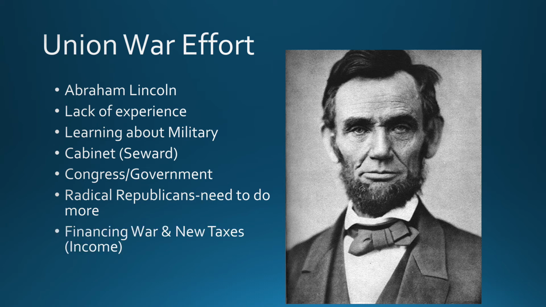Again, they have to finance the war. They're at an advantage compared to the Confederacy in the sense that they do have a treasury, they do have gold reserves, they do have revenue coming in from some tariffs, but it's still just not quite enough. Again, war is so expensive. So there will be some new taxes introduced, but the big one that is introduced for the first time is an income tax.